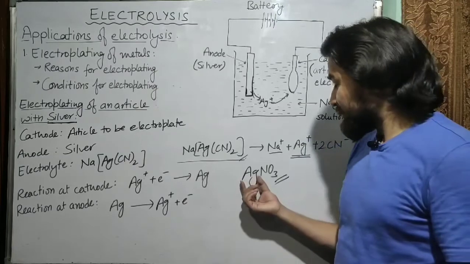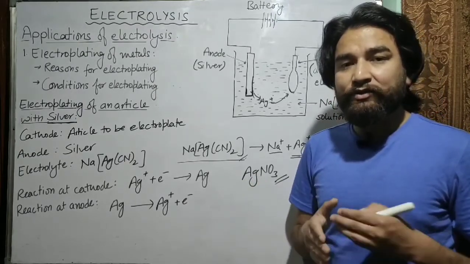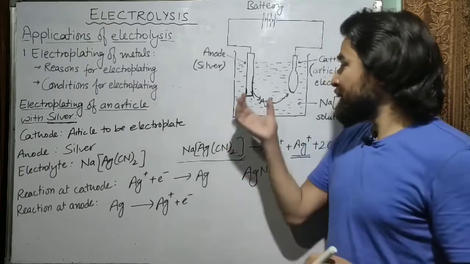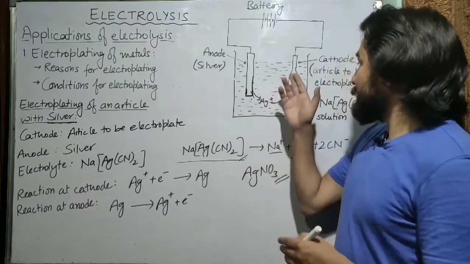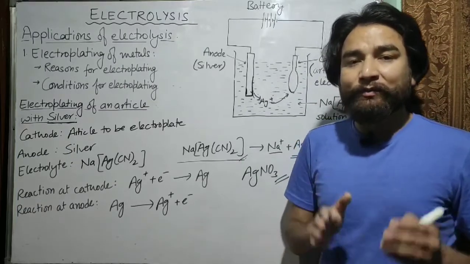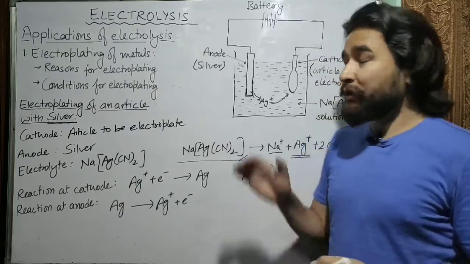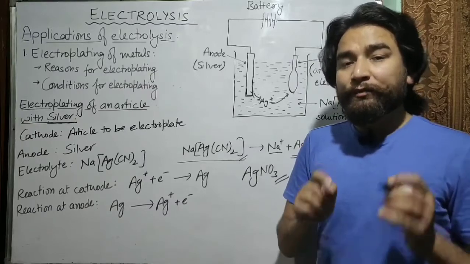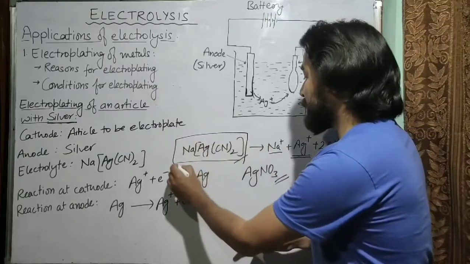If you use silver nitrate, it is a very strong electrolyte, so there will be a high concentration of silver ions in the electrolytic solution, and therefore the rate of deposition of silver on the surface of the article will be very high. So it will be deposited at a very high rate, and therefore there won't be a smooth and uniform deposition. If you want a smooth and uniform deposition, we have to use this electrolyte.